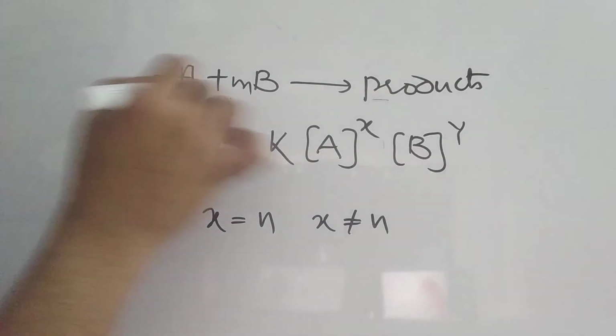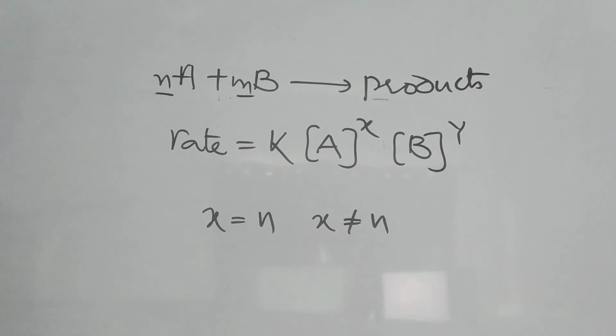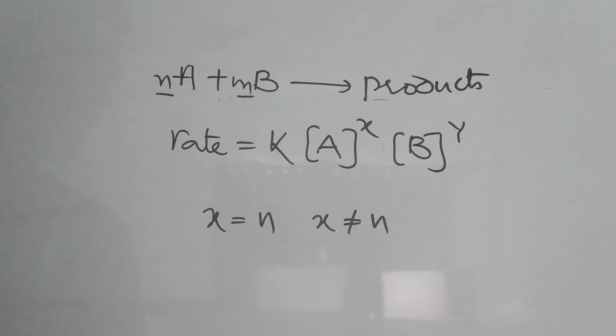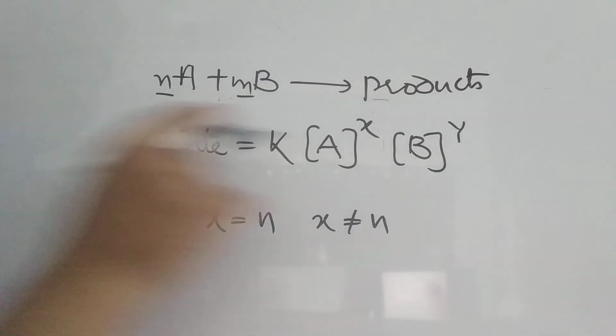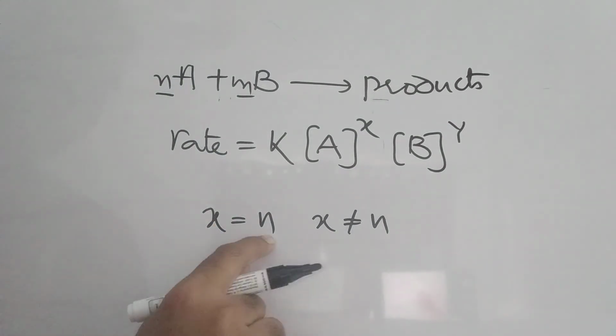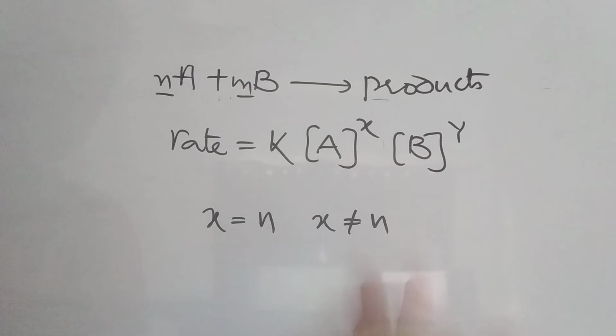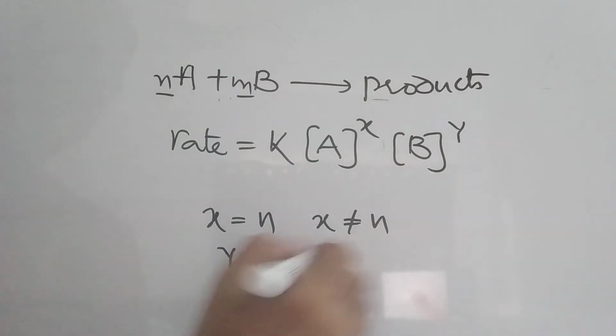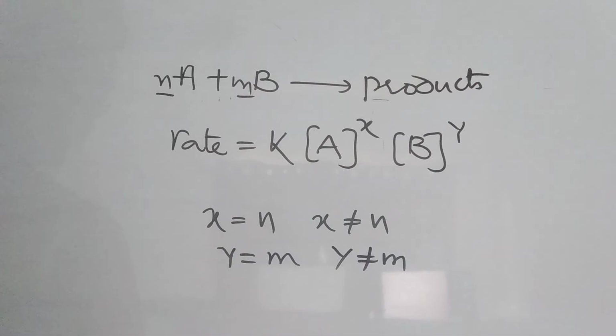So don't take these values as it is. X and Y are practically determined values, not taken from the theoretical equation. X may be equal to n or may not be. In a similar way, Y may be equal to m or may not. Both possibilities are there.